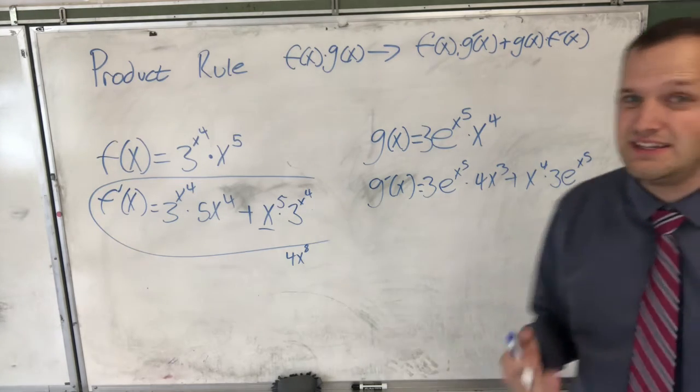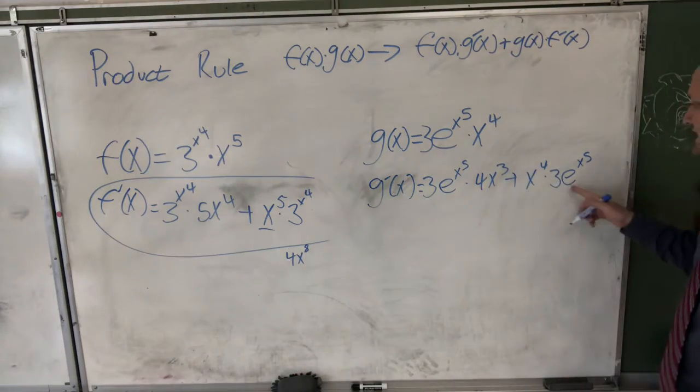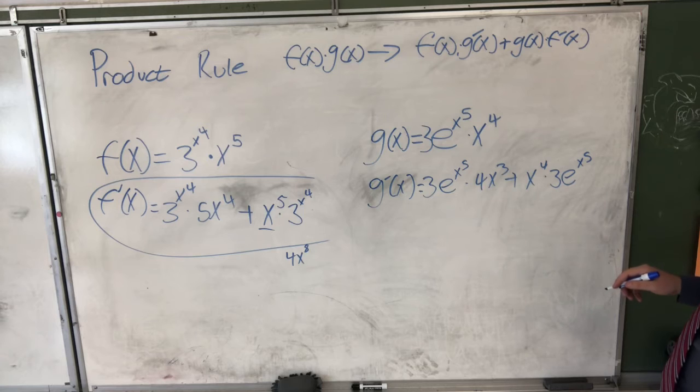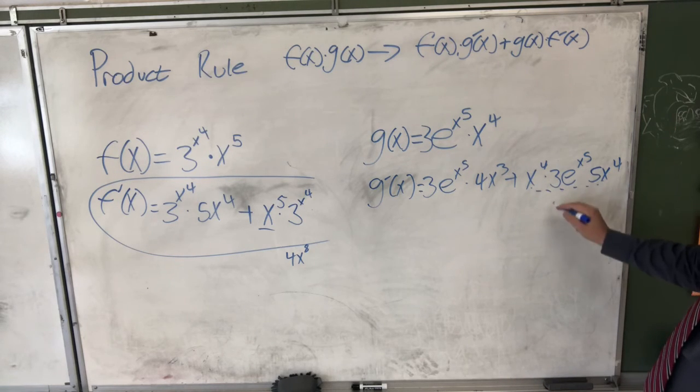Remember with e's, when you take the ln of e, it's 1, so we don't worry about ln's with e's. So that gives us 5x to the fourth. And again, you can combine your x's right there if you needed to. That would give you x to the eighth.